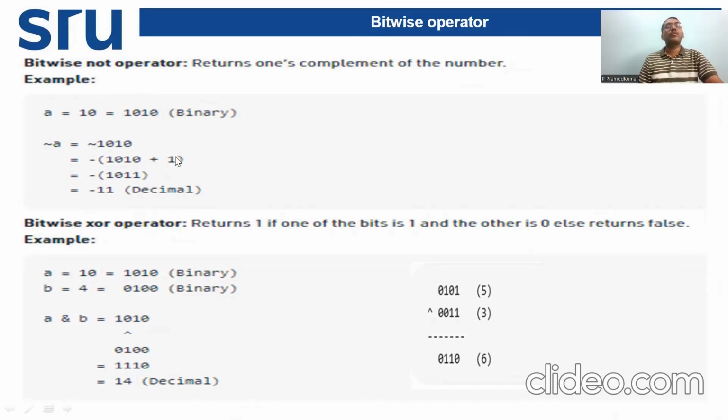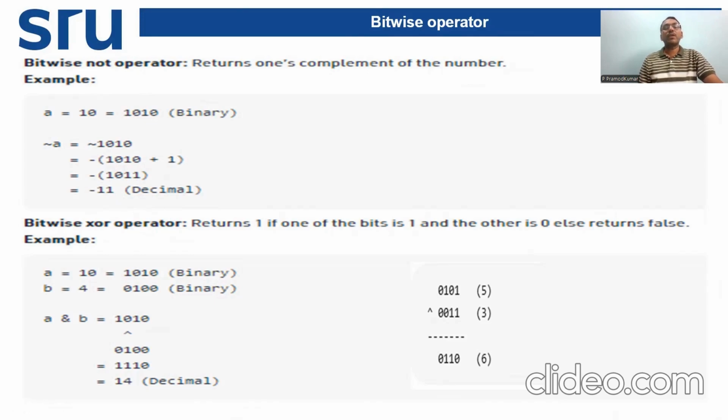For that, 1 will be added. That is the one's complement operation. After adding 1 to 1010, it becomes 1011. That is equal to 11. So as it is one's complement, the result becomes negative. That is minus 11.